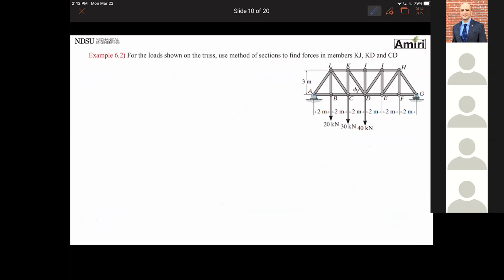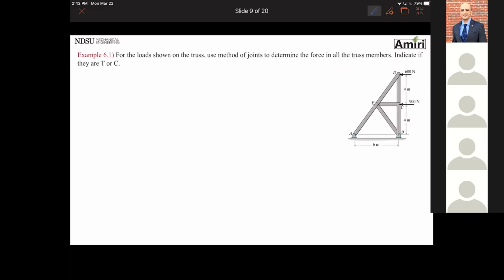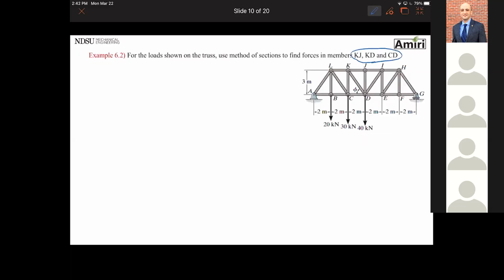All right. So we use method of sections usually when we are only interested in forces in some of the members and not all of them. In the problem that I just did for you, for this truss, we found forces in all of these members, right? But in this problem, it's only interested in KJ, KD, and CD.